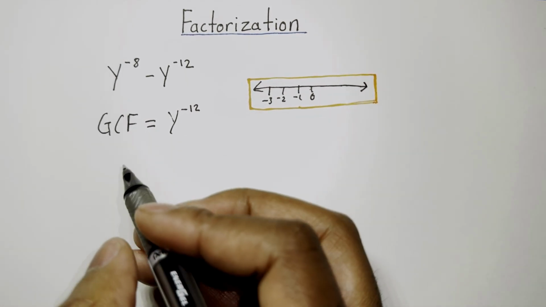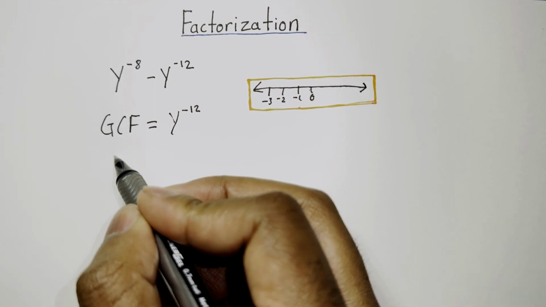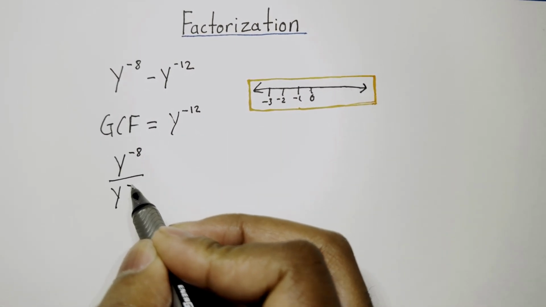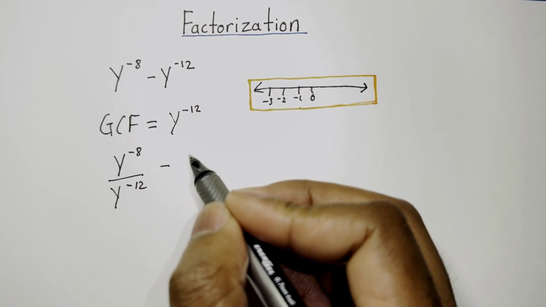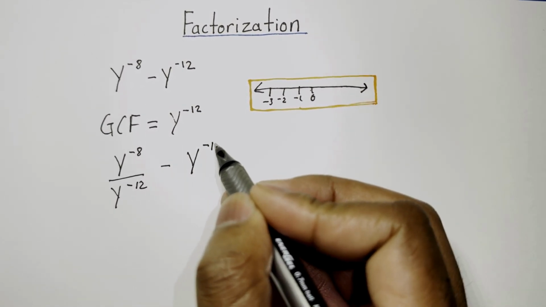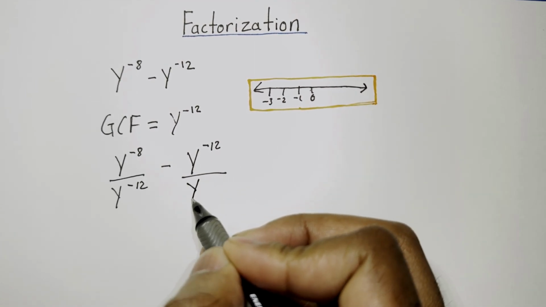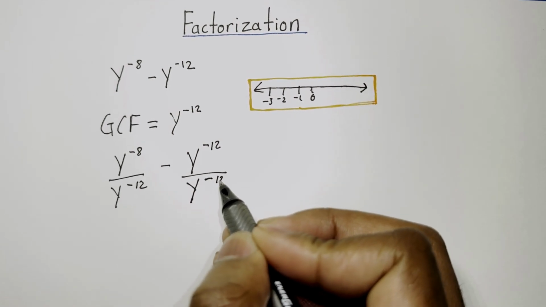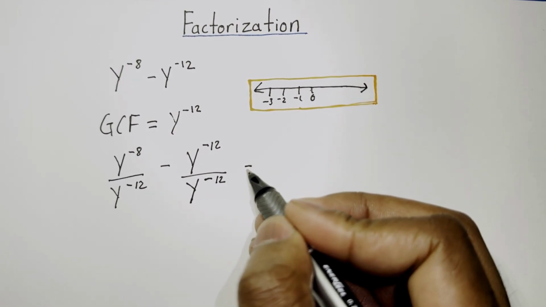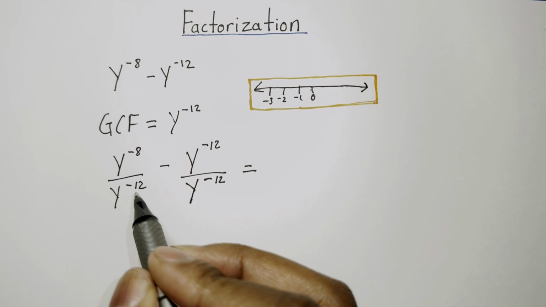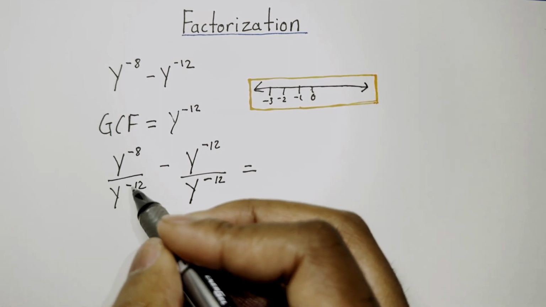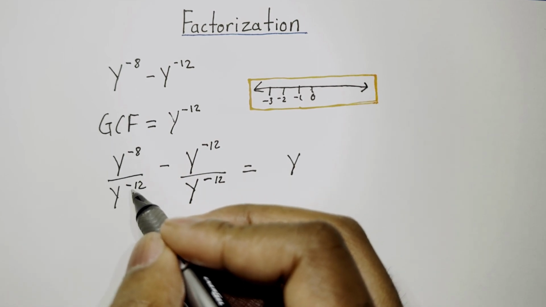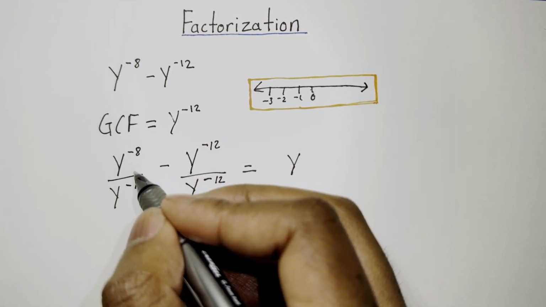Now let's factor the expression. When we factor, we divide the expression by the GCF. So this will be equal to y, and when we divide indices, we subtract the exponents.